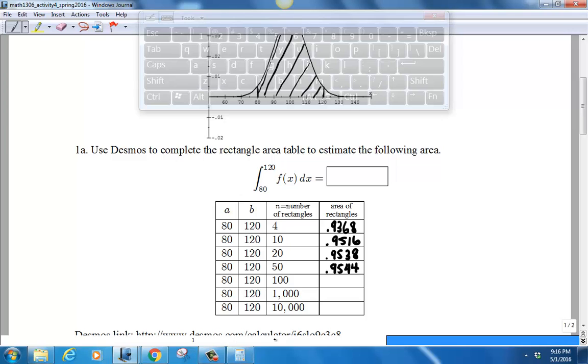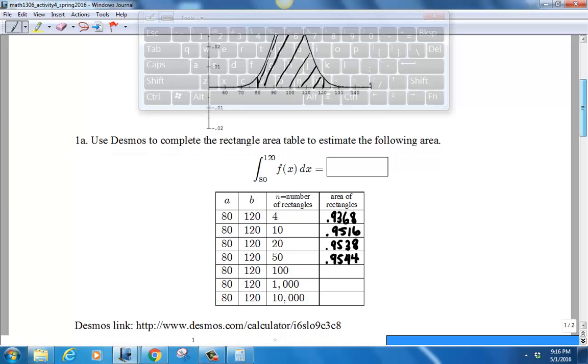I want you to go all the way up to 10,000 and see what estimate you get at 10,000 rectangles, and you'll see that eventually adding more rectangles is not going to change your estimate very much. Then you can use that as your estimate for the area beneath this density function from 80 to 120.